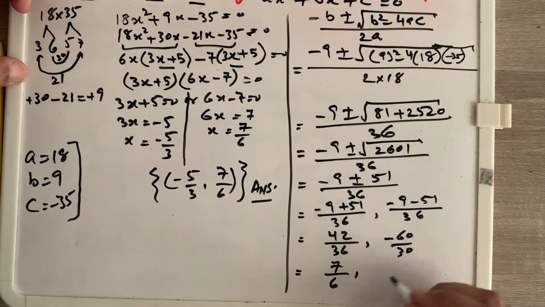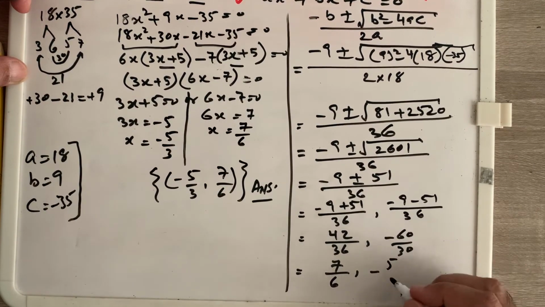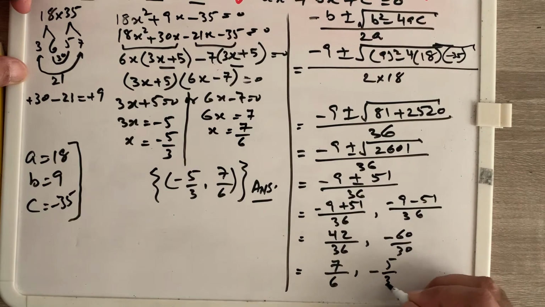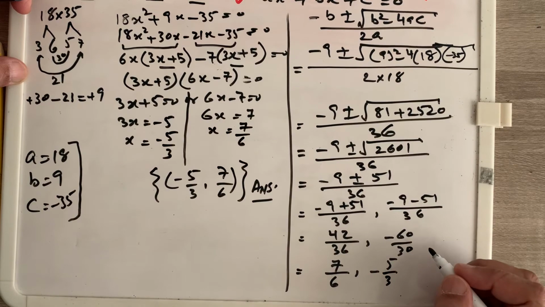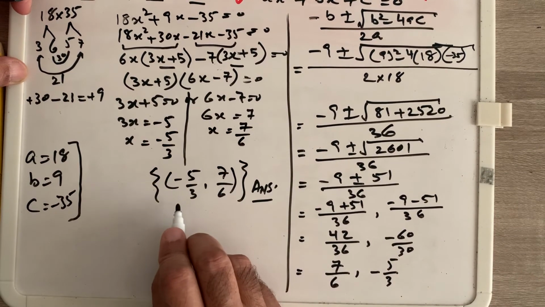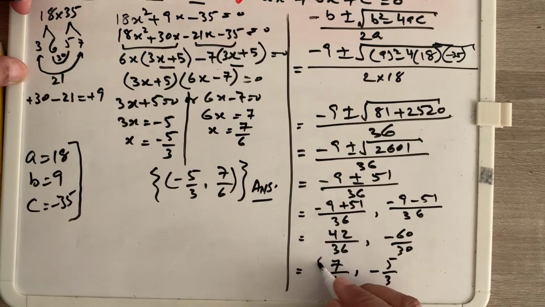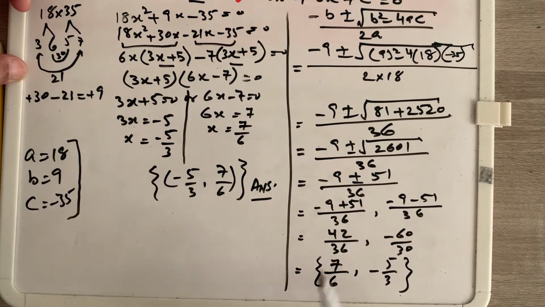And this will come out, if we cut it, as 5 divided by 3, so we have minus 5 by 3. So the same solution set, 7 by 6 and minus 5 by 3, are the two solutions for this quadratic equation.